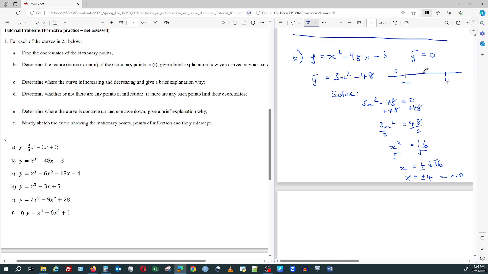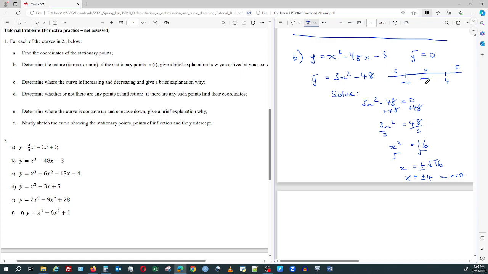Okay, so if we do a bit of checking, we can check, say, -5. Let's see what that looks like. We can check a 0, that'd be nice. And check a 5, that'd be okay as well. -5 and 5. So if we put 0 in, we get a negative. So that's always a nice one to try. Get a big old negative there at 0.